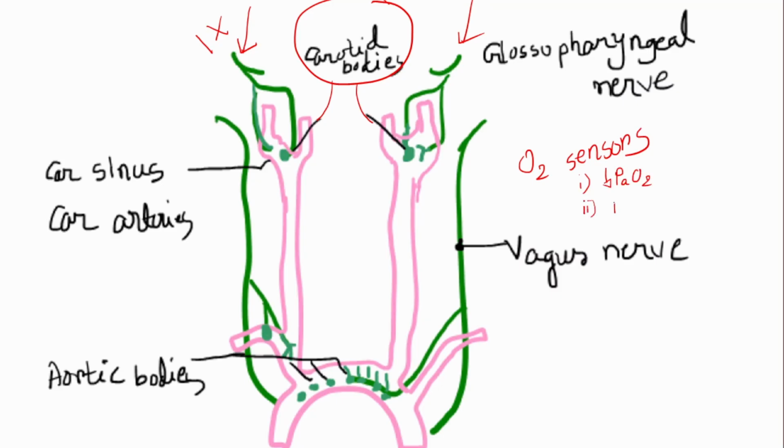Number 2, rise in partial pressure of carbon dioxide inside the arteries. And 3, a drop in arterial blood pH. Under normal physiological conditions, these peripheral sensors maintain a baseline low-frequency firing rate. However, if the partial pressure of oxygen in the arterial blood plunges, these receptors dramatically accelerate their firing rate.